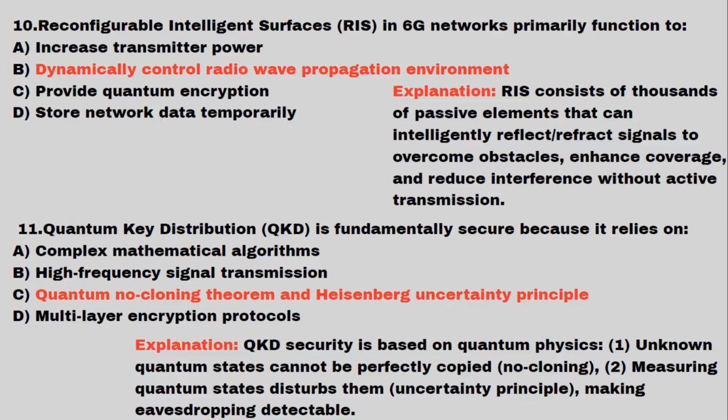The explanation is QKD security is based on quantum physics. Unknown quantum states cannot be perfectly copied, no cloning. Measuring quantum states disturbs them, the uncertainty principle. That is, we have already seen in the last slide, making eavesdropping detectable.